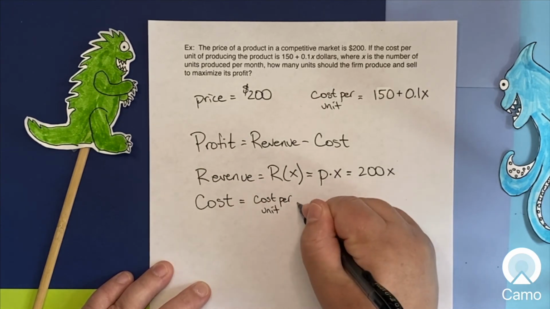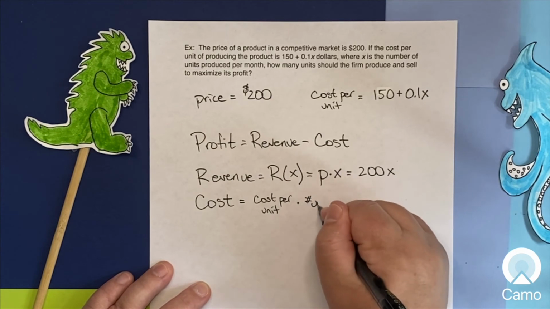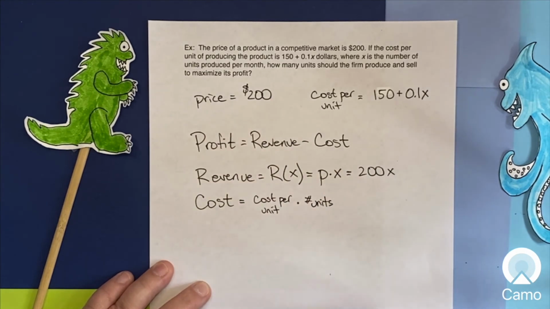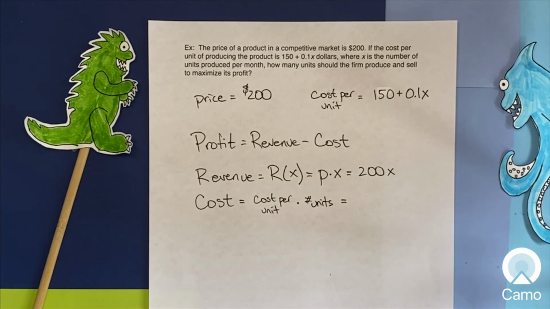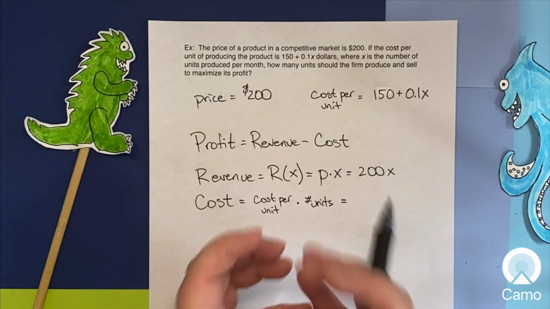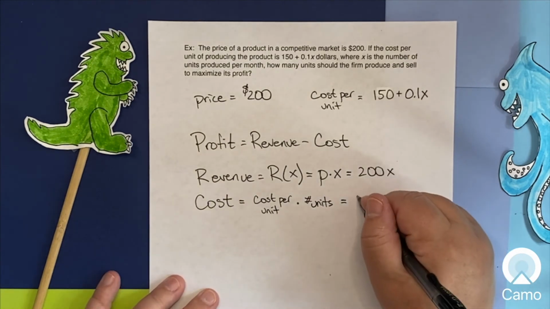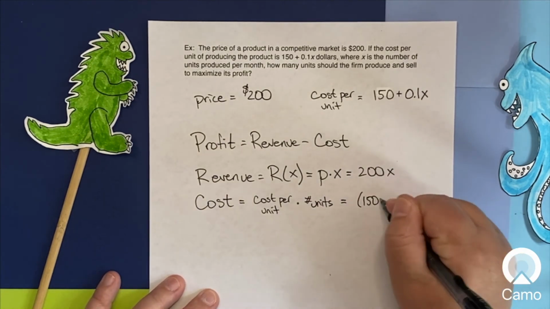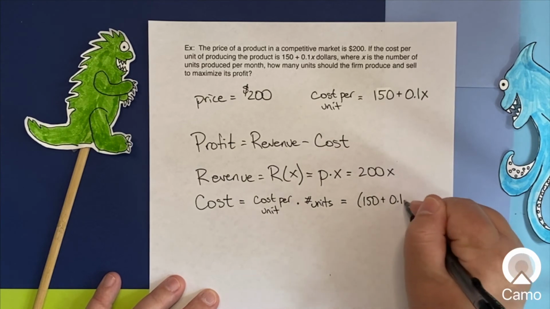This is slightly different. This is cost per unit of producing the product. So it's all wrapped up together. And that's going to be 150 plus 0.1x times x, because x is the number of units produced. That's our production. Okay, so far so good.